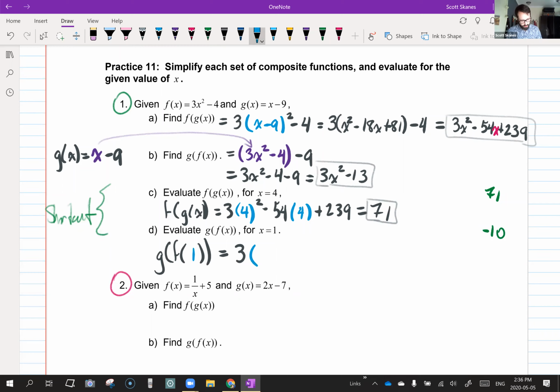Again, I'm looking to the top. 3x squared, so it's 1 squared minus 13. It's a little bit of a puzzle to make sure you don't lose track of what function we're talking about here, but once you've got that, I think you should be okay. So that's 3 minus 13, which is negative 10.